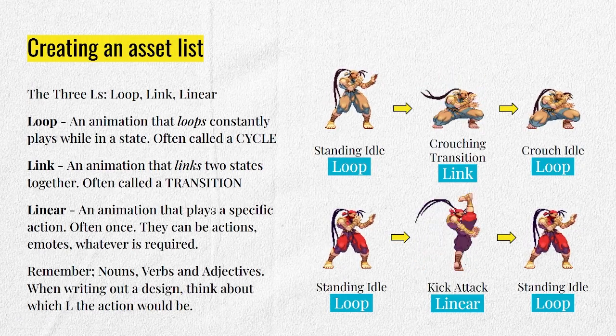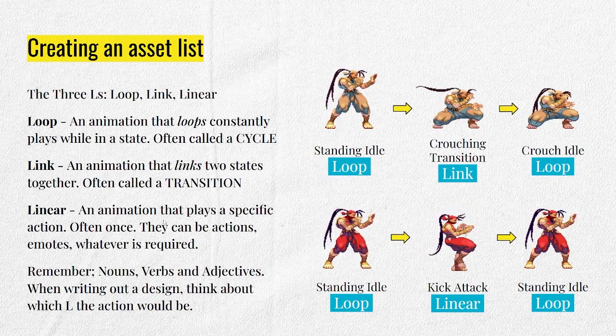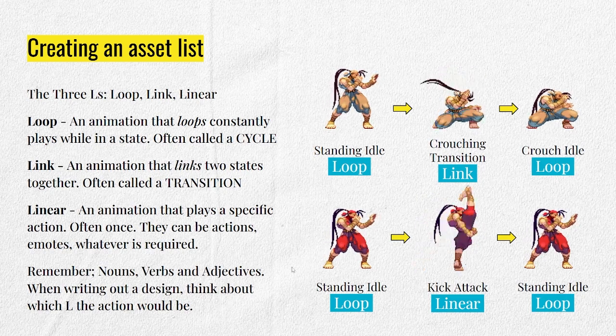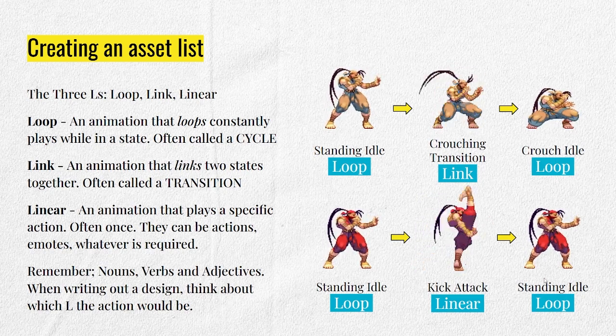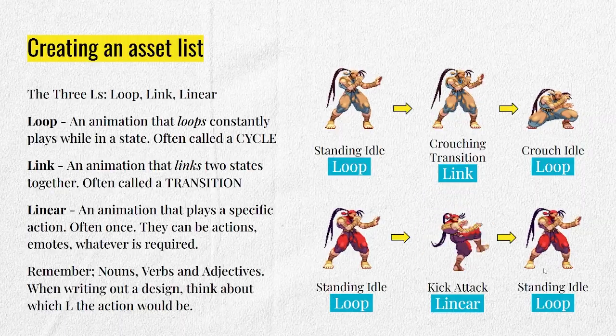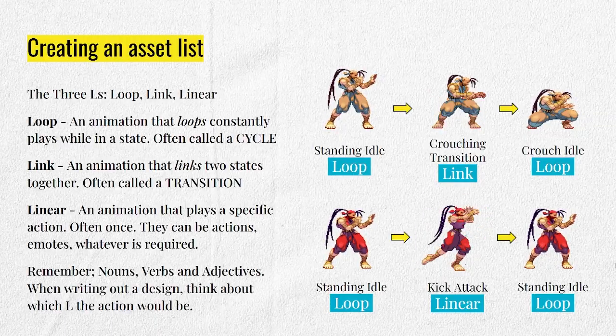They play once for a specific action, and then they return to whatever state they came from. Standing idle, we're doing a kick, and we're going back to standing idle. When you're creating the asset list, okay, we're making this animation. What is that animation? It's a transition. We're going from standing to crouching. Cool. I can do that.